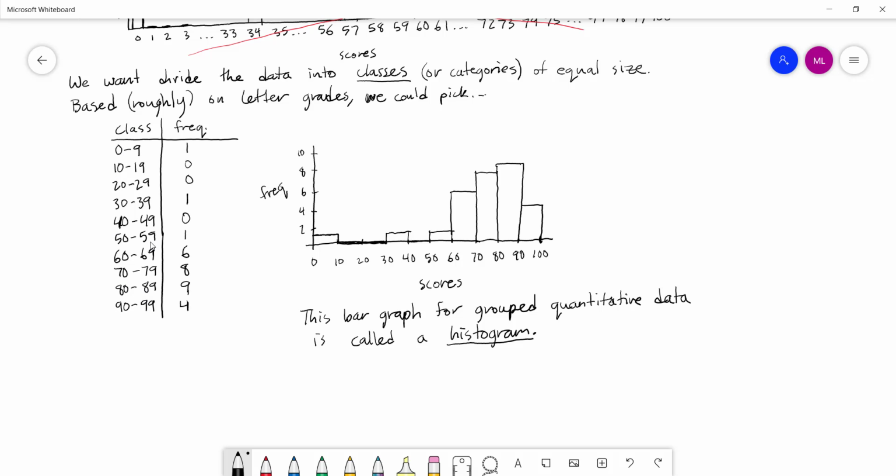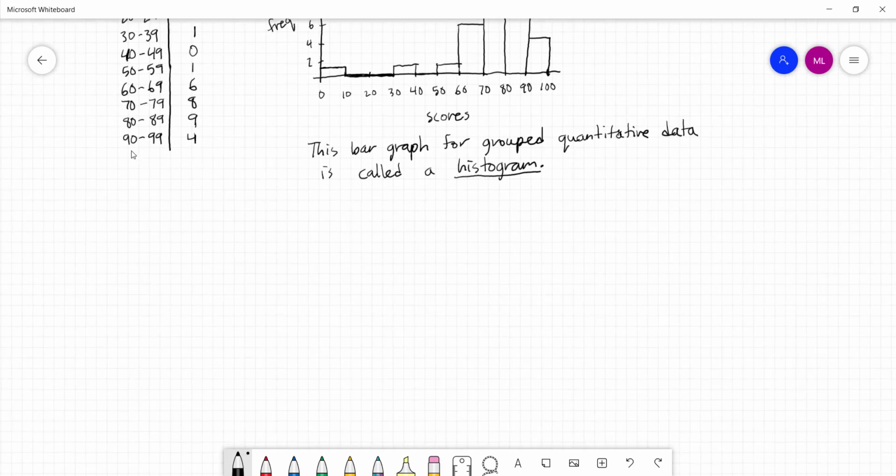But we didn't have to pick 10 classes. We could have done a bar graph where we only did 0 to 19 and 20 to 39 and 40 to 59 and 60 to 79 and 80 to 99, and broke it up into spans of 20 numbers instead of spans of 10 numbers. So we have some choices when we pick our classes.